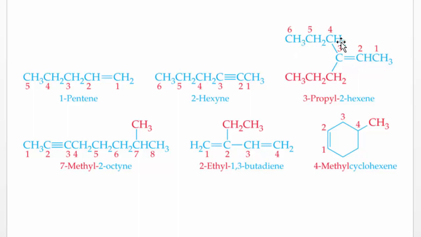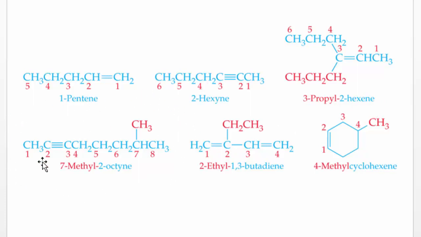But if you count from this side, you give it number 4. So now what is the substituent? At number 3, this is in red, propane. So when you remove one hydrogen, it becomes propyl. So it is 3-propyl-2-hexene.